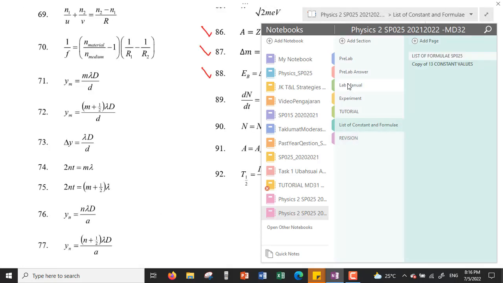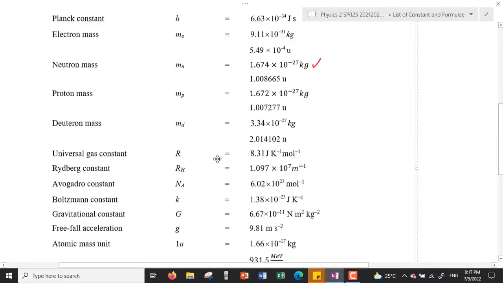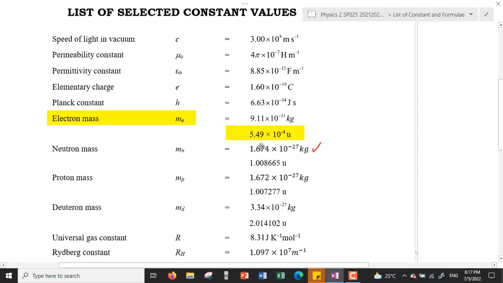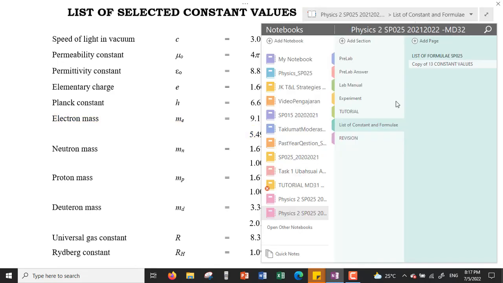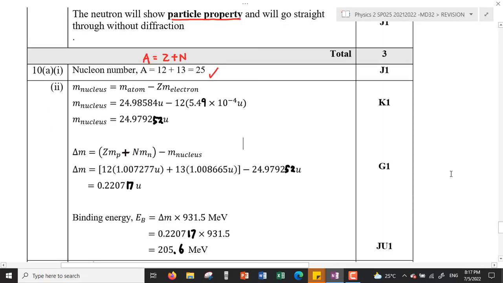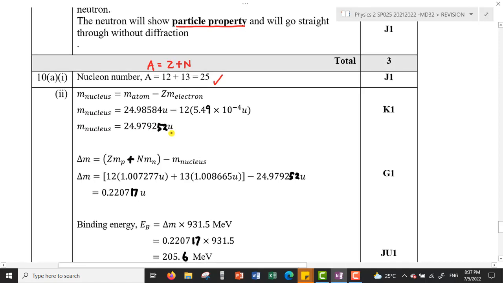So kalau kita refer kepada list of constant, mass untuk electron adalah 5.49 times 10 to the power of negative 4 U. So kita terus guna formula mass kita dalam atomic mass unit U lah. So, kita dapat mass nucleus is 24.979252 U.